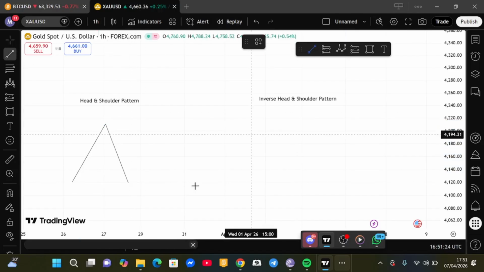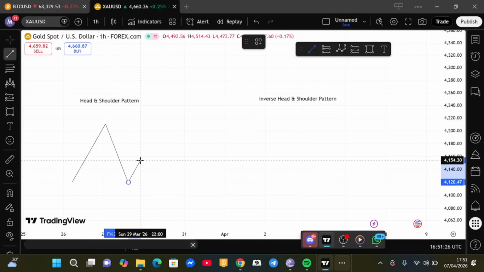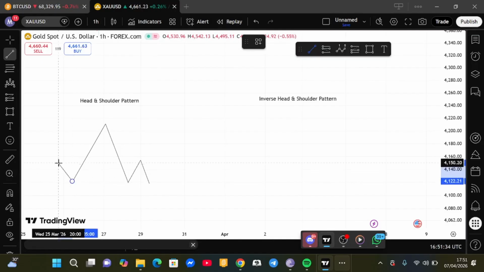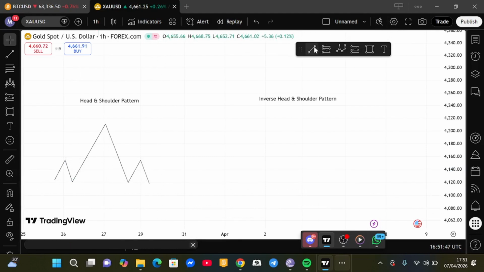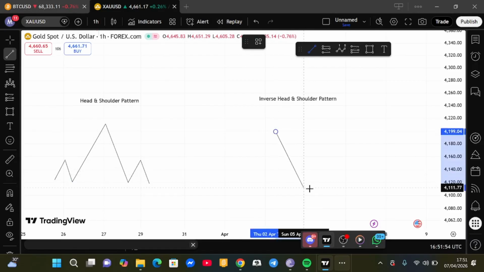Your head and shoulder pattern will look like this. Okay, my drawing might not be very perfect, but I think it's good enough. Now this is your inverse head and shoulder pattern.